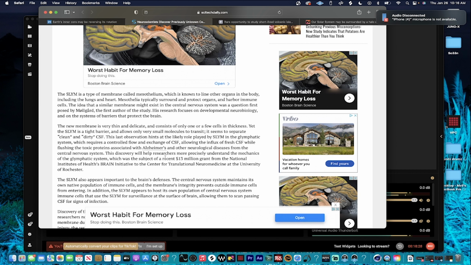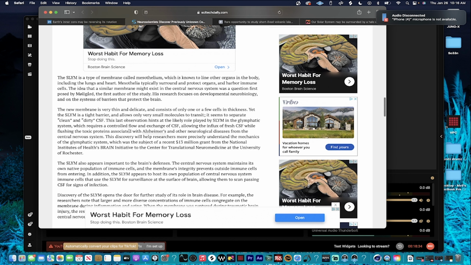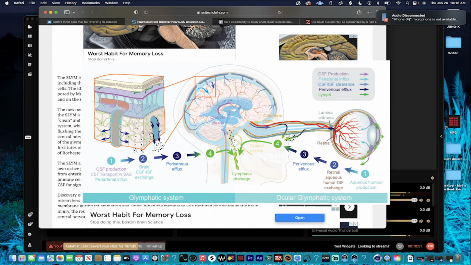Now that's how the new cerebrospinal fluid comes in. The old one comes out pretty much with this new process that they're about to tell you. The last observation hints at a likely role that SLYM plays in the glymphatic system. So there's the lymphatic, like I told you, and the glymphatic just has to do with the brain.